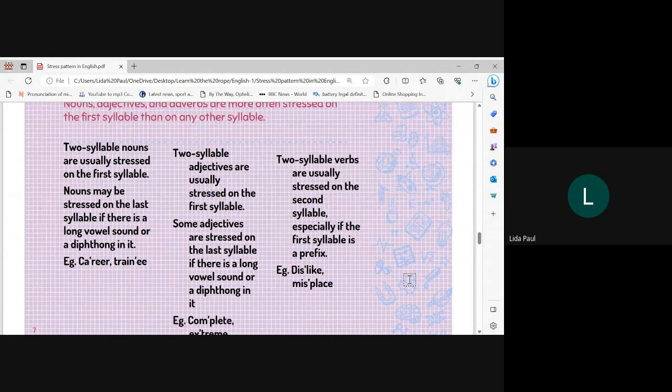So for example, you have a word which is a noun but has a long vowel at the end of the word, like the word trainee, right? This is a noun, but the ending of this word has a long vowel sound. And in the word career, at the end, you have a diphthong.